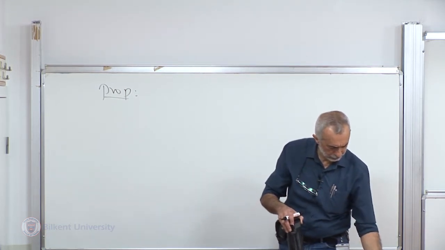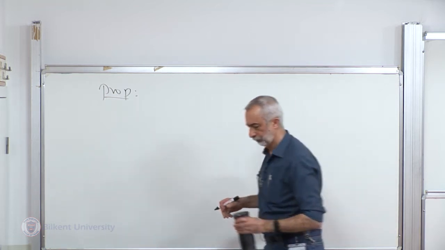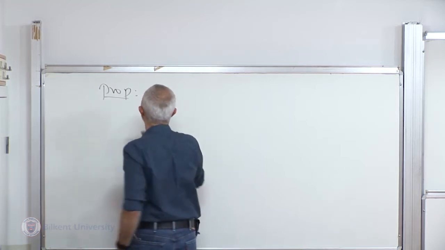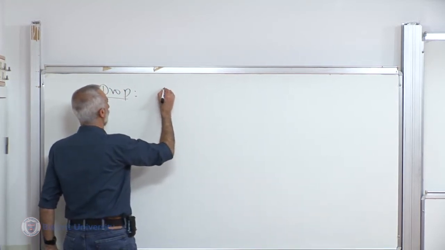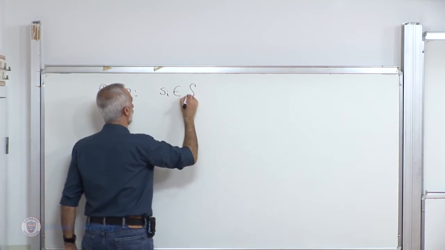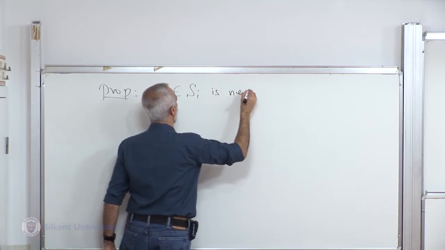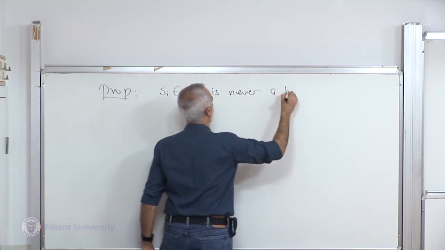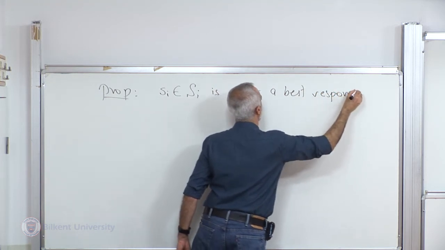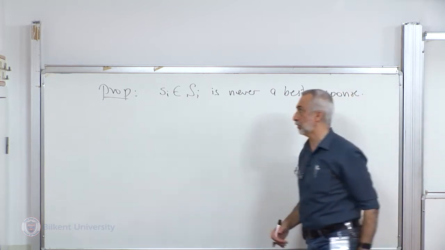So I'll write it shortly. SI, in capital SI, is never a best response of player I in the game gamma m, in the mixed extension game.